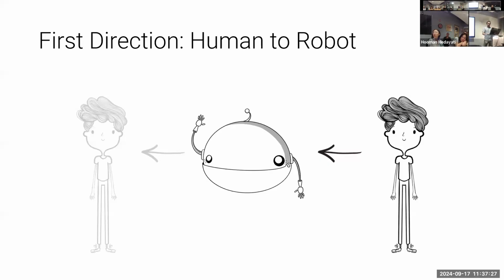I'm going to divide this talk into two. The first half is about a human in a setting, and how we can make robots that can predict and understand human behavior.